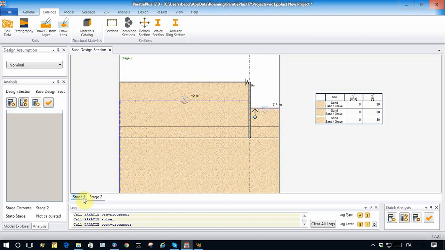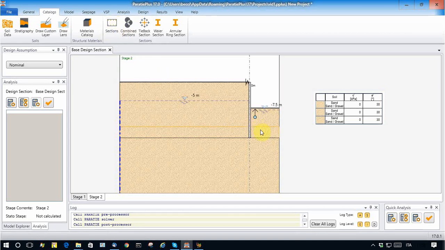At stage number 2, we assume that through soil improvement, we construct an impervious soil barrier here, like for example using jet grouting. Jet grouting operation will provide a much lower permeability in this part and increase the strength and also the stiffness.